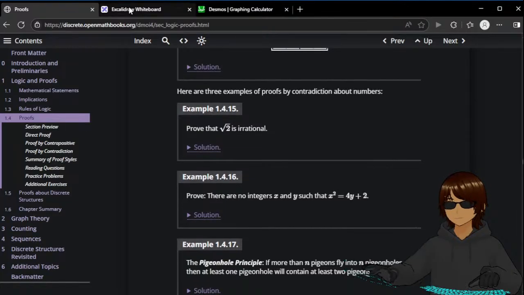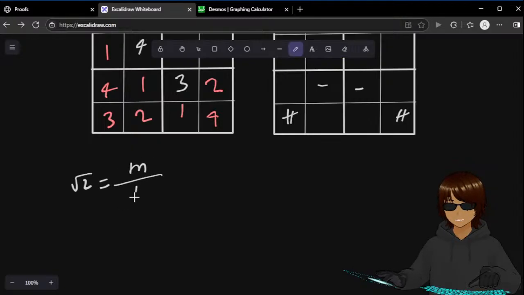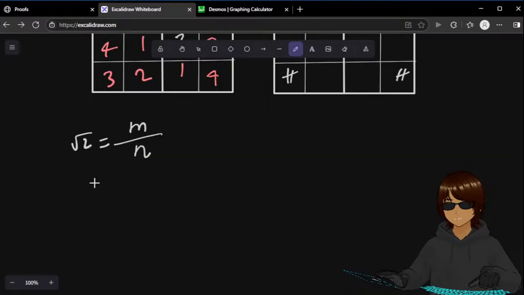Let's see. Okay. Prove that root 2 is irrational. Wait, let me try to remember the proof. Root 2 can be written as m over n, where they both are integers. Square both sides.